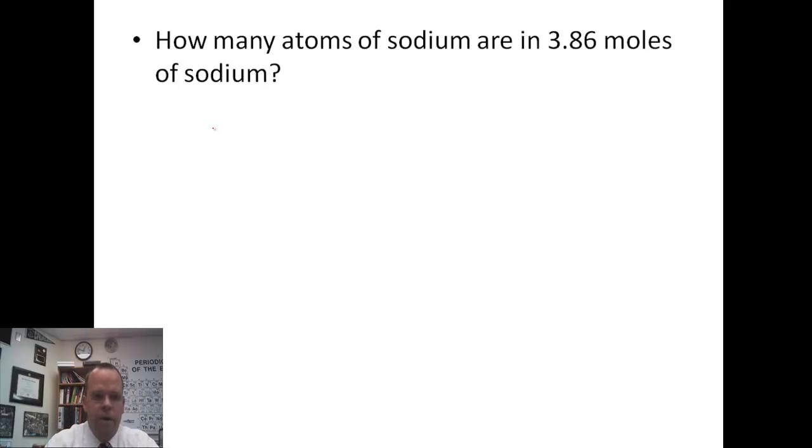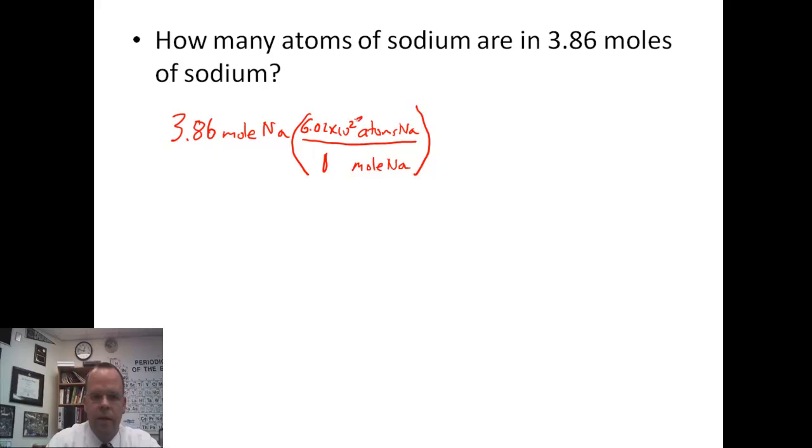So this first one, we have 3.86 moles of sodium. We always write our starting value. Then we're going to have our conversion factor. Remember, in our conversion factor, the unit we want to cancel goes on the bottom, moles of sodium. The unit we want to find, atoms of sodium, goes on the top. We know from the relationship, 1 mole is 6.02 times 10 to the 23rd atoms.